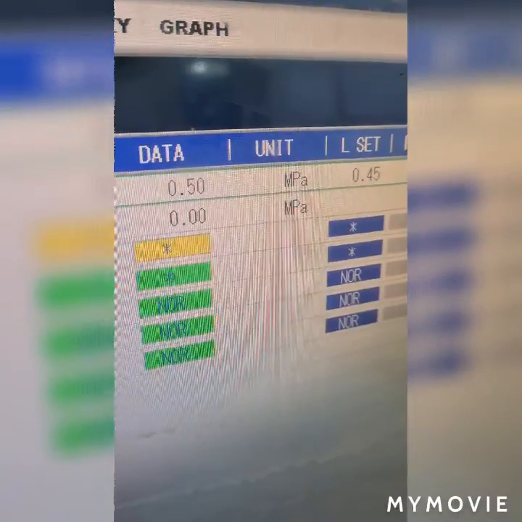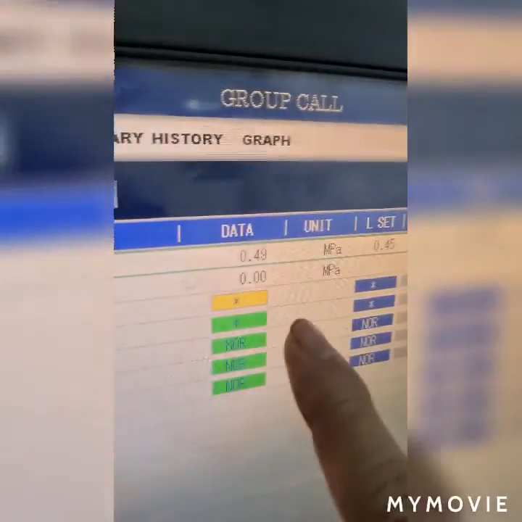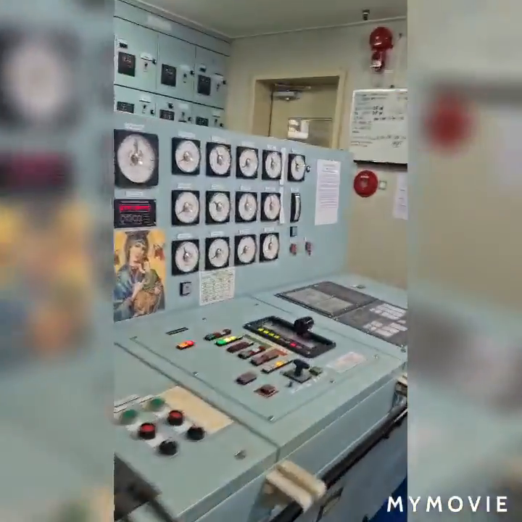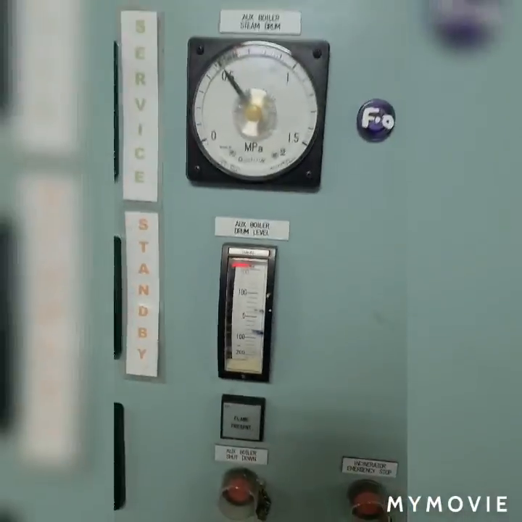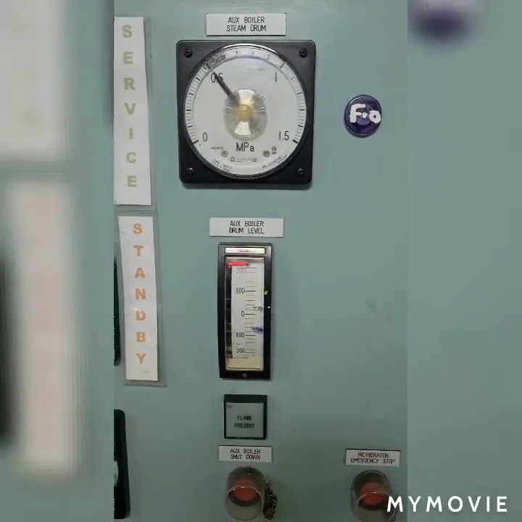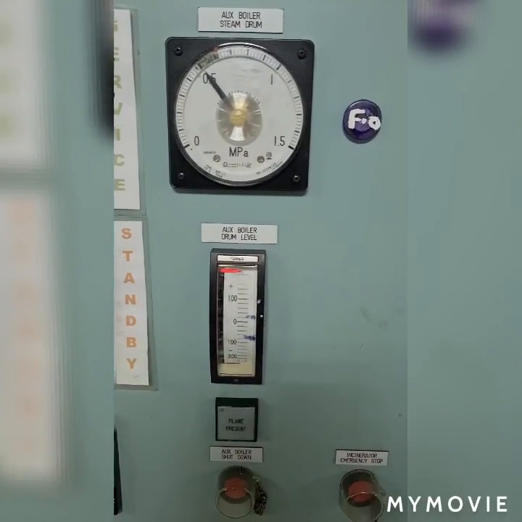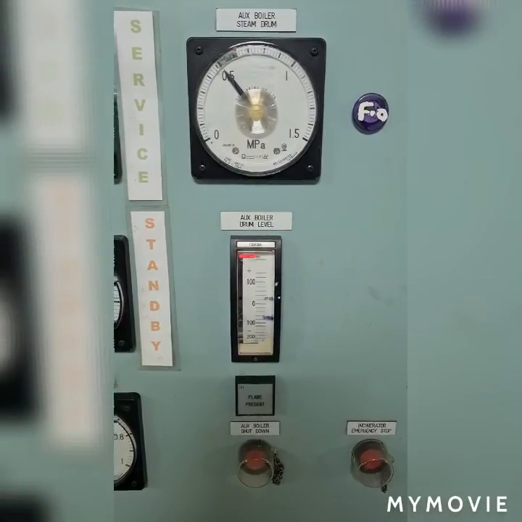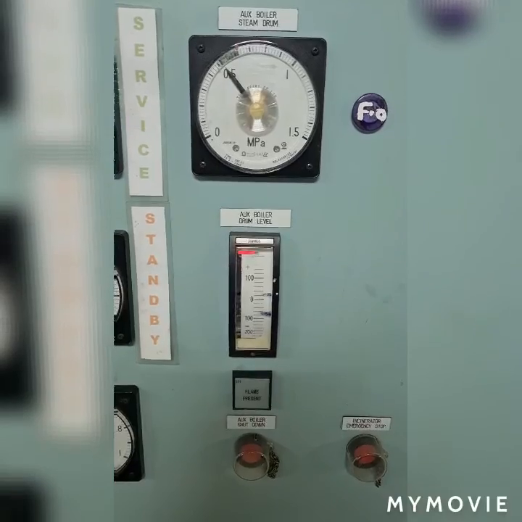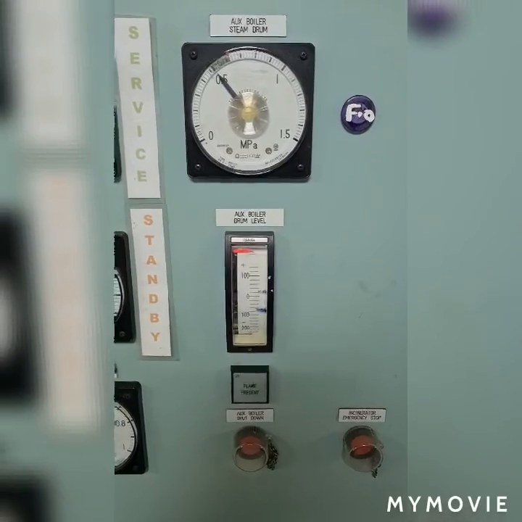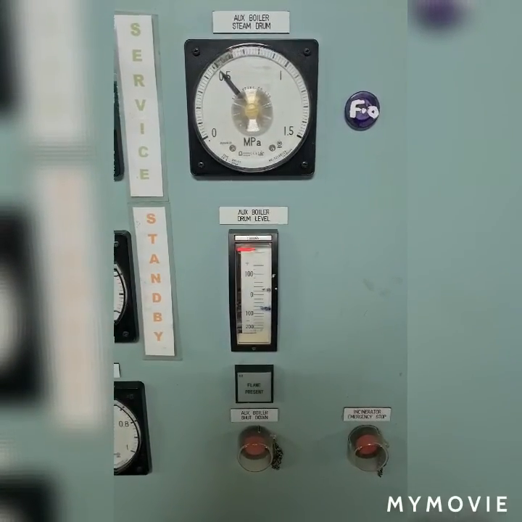We are now here in the engine room. As you can see, there is 0.5 megapascal with a time of 13:37. Now we are going to verify and observe if the automatic starting of the boiler will be made at a pressure of about 0.47 or 0.49 megapascal. From now, the pressure is about 0.48 megapascal, and we are observing if the boiler will start by itself when the pressure drops to 0.47.